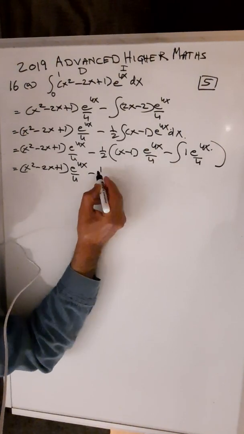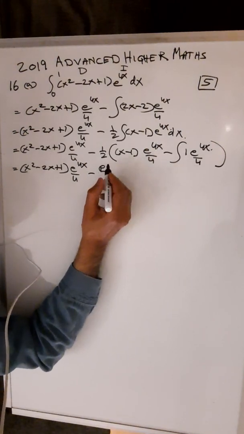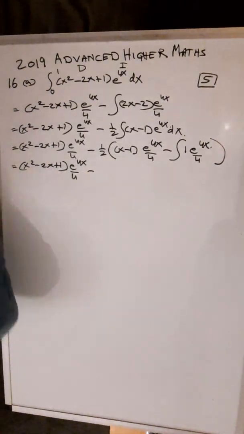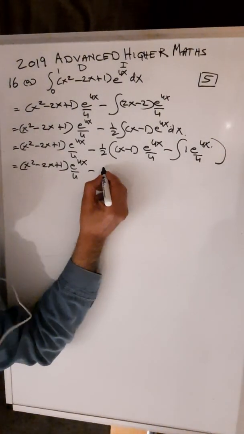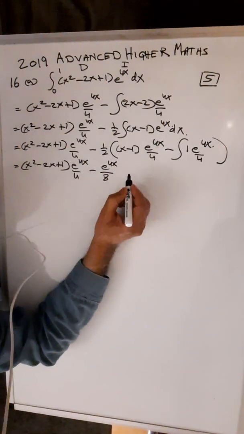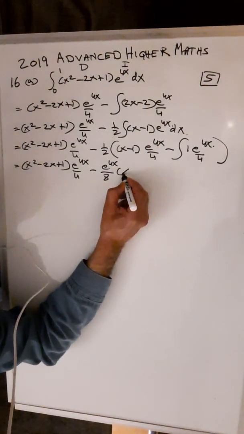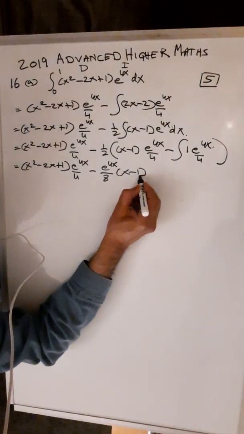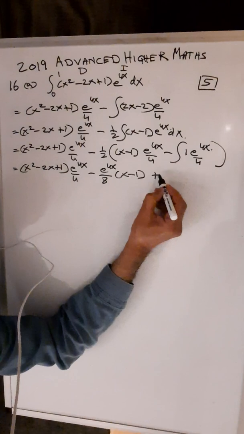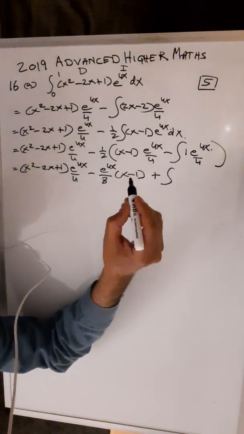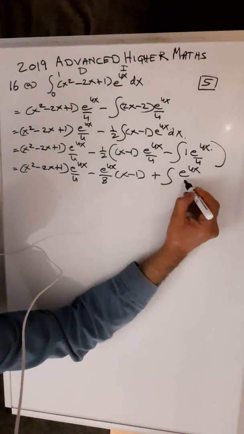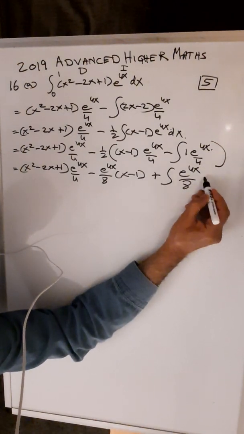You can bring the e to the 4x outside here, e to the 4x over 8 times x minus 1. Minus minus gives you a plus, plus the integral of e to the 4x over 8 dx.